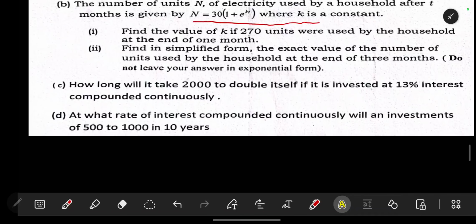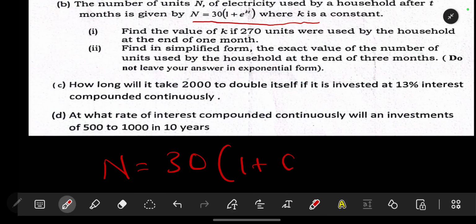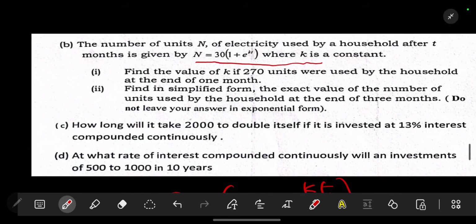So we have been told that our n is equal to 30 times 1 plus e to the power of kt. Then we are told that 270 units were used.